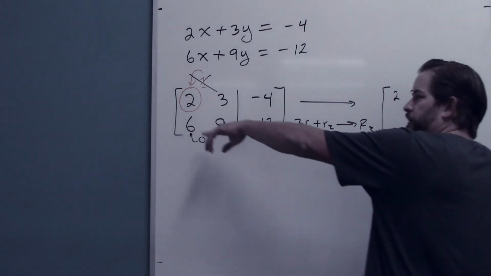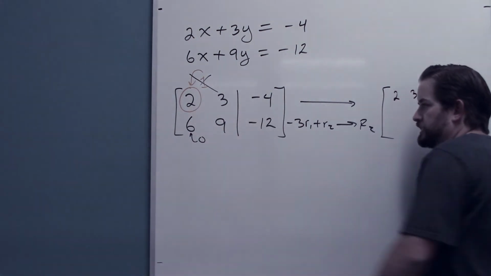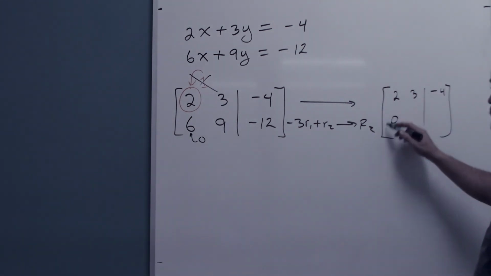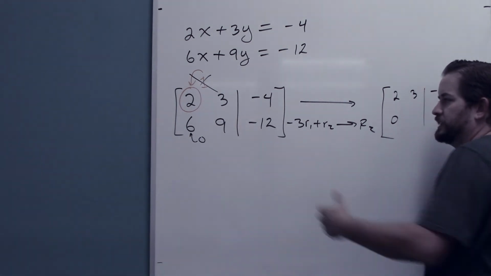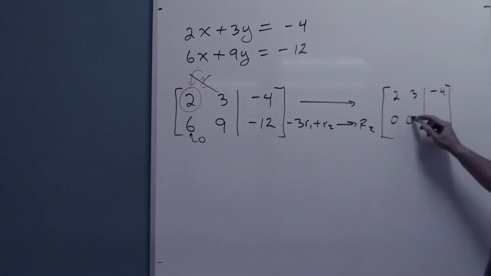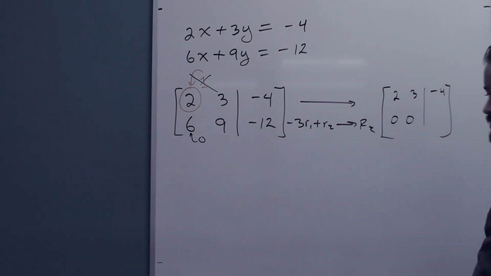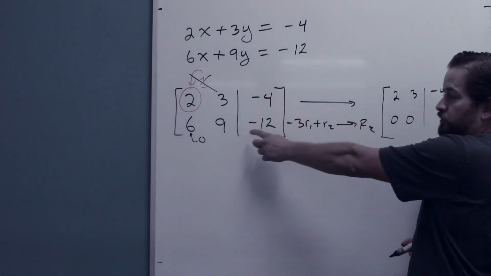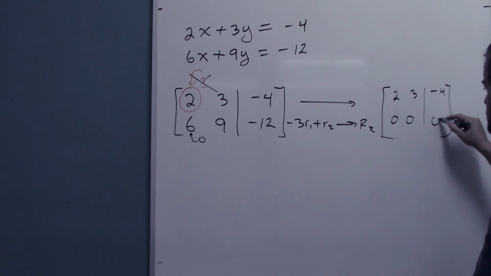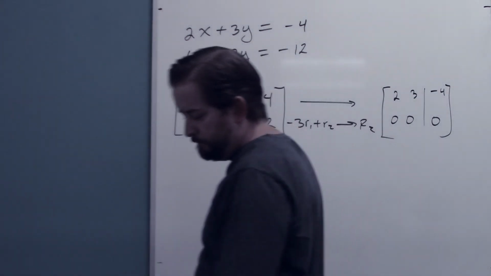Negative 3 row 1, so negative 3 times 2 is negative 6, plus 6 is 0. That's great, that's what I wanted. Negative 3 times 3 is negative 9, plus 9 is also 0. Shoot, darn it, there's an issue. Negative 3 times negative 4 is positive 12, plus 12 is 0, right?